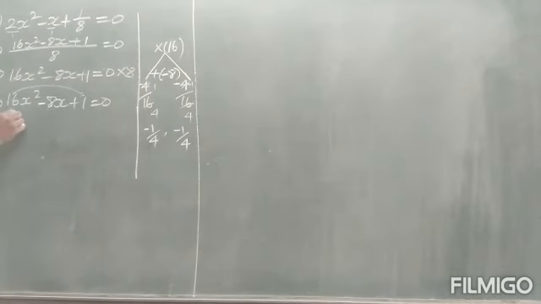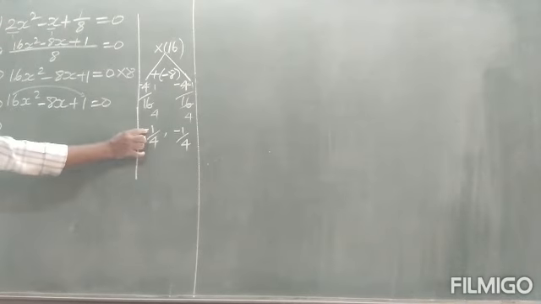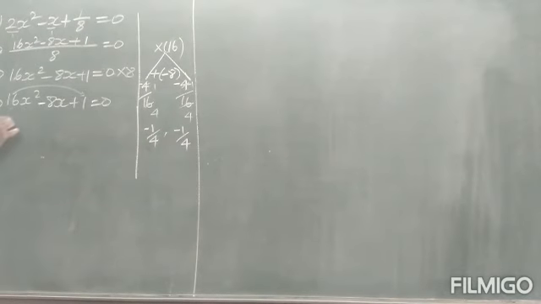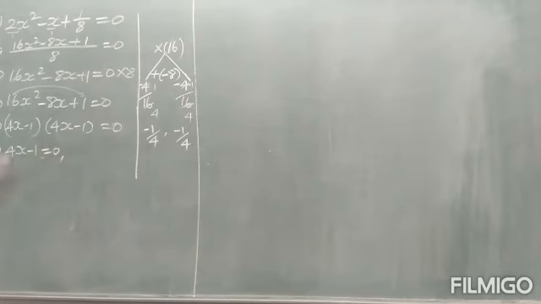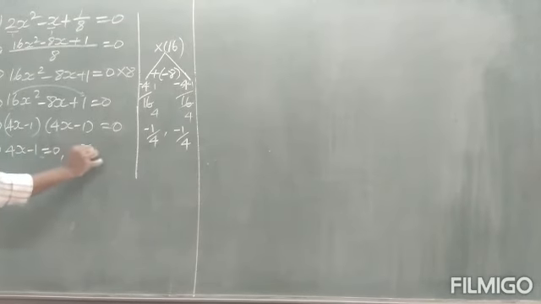Now what are the factors? 4x minus 1 and 4x minus 1. Therefore 4x minus 1 into 4x minus 1 is equal to 0. This implies that we have to put the two factors separately equal to 0. 4x minus 1 is equal to 0. This implies that 4x is equal to plus 1, as the minus 1 goes to the right hand side.